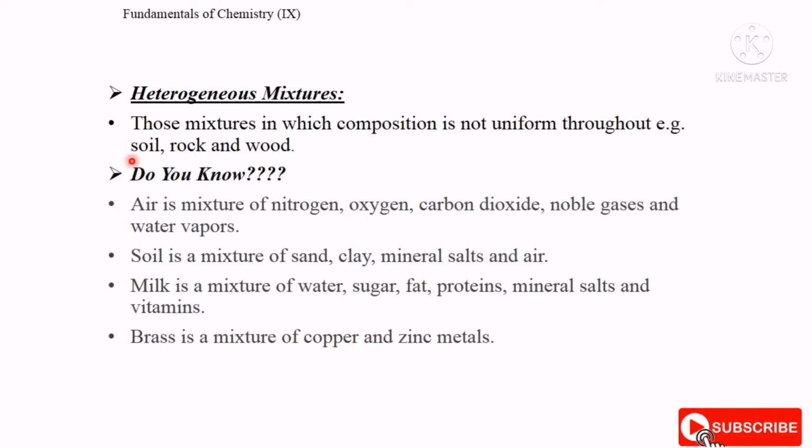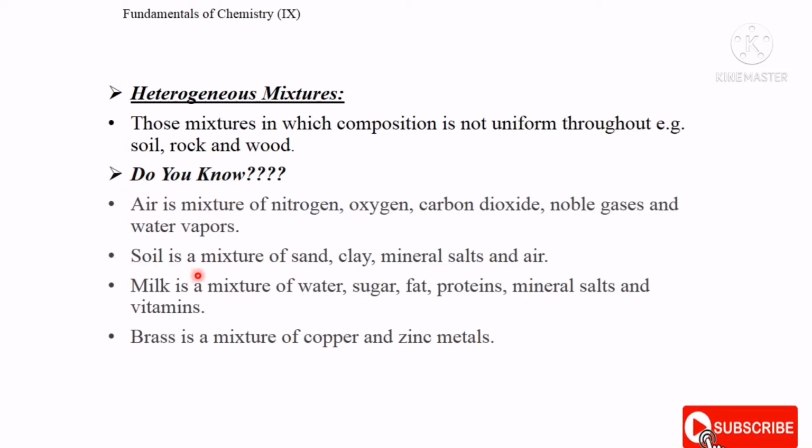And now we have some interesting information for you. Air is a mixture. What is air? Air is a mixture of nitrogen gas, oxygen gas, carbon dioxide, noble gases, and water vapor. These are the constituents of the air mixture.